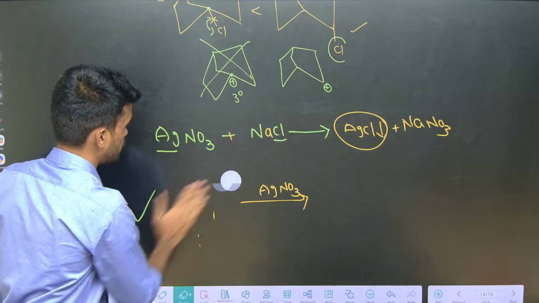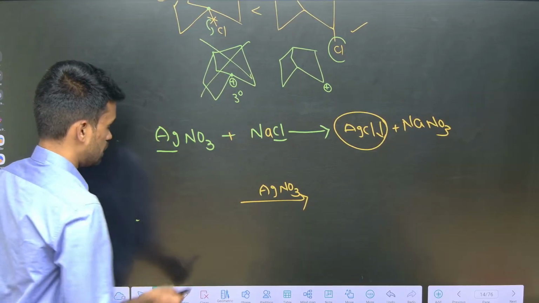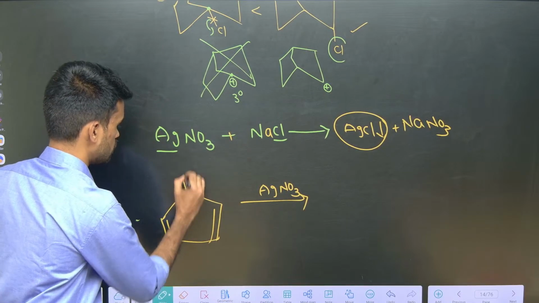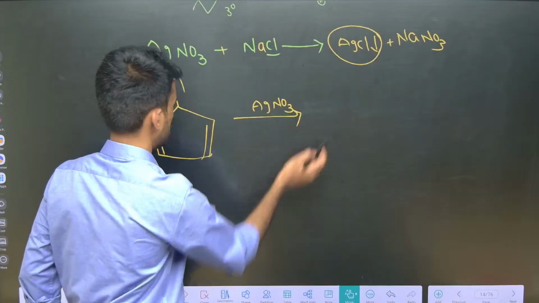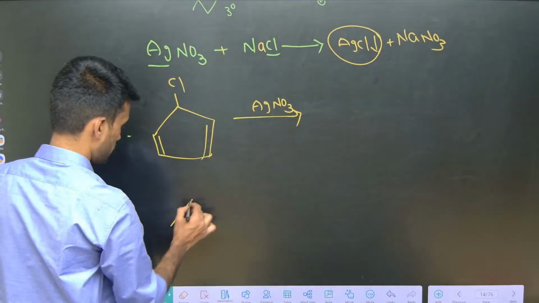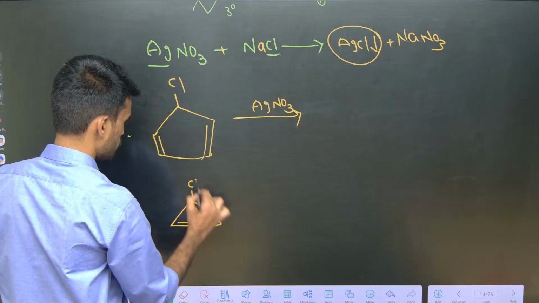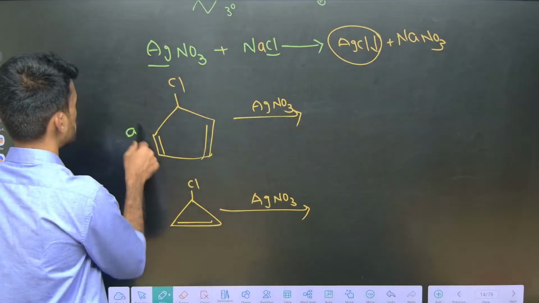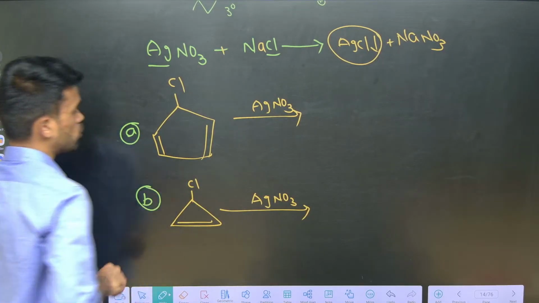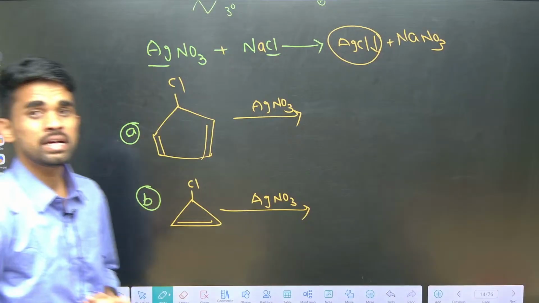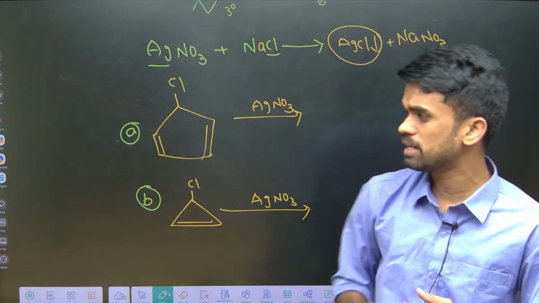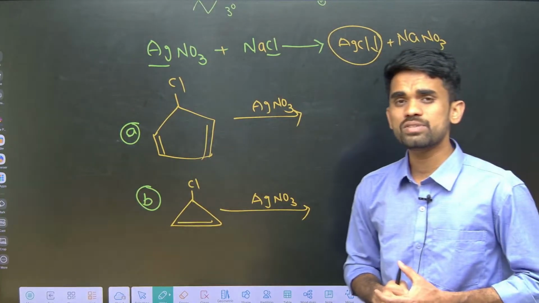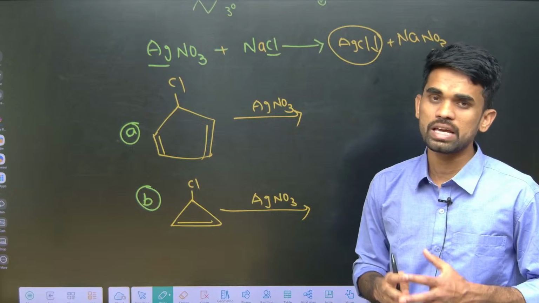For example, I will be giving you a few other compounds, and they will say this is option A, option B. Which of the following compounds will form a precipitate upon treating with silver nitrate solution, which will give a white precipitate?